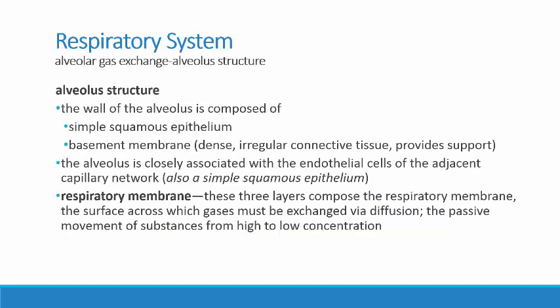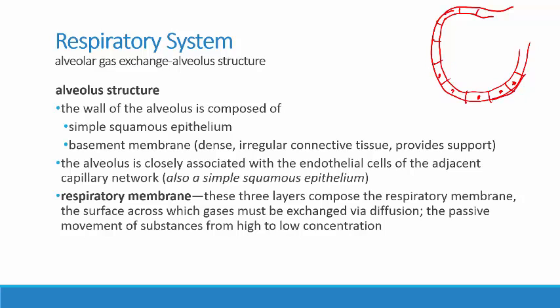So here we go. The alveolus. Remember that the wall of the alveolus is a simple squamous epithelium. So if we imagine the alveolus here, it's lined with a single layer of squamous cells. There's the nucleus in each one, and you get the point.